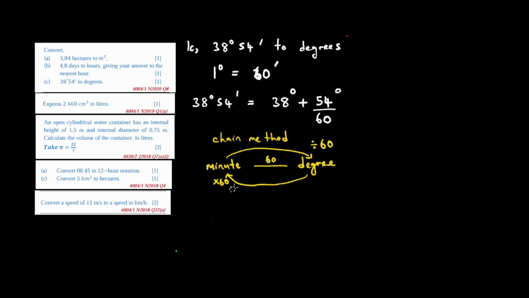Saka since panapa tiri kubva kuma minutes tichienda kuma degrees, ndo saka ta divide na 60. Tiri kubva kuchidiki tichienda kuchihombe, we divide. Kana takubva kuchihombe tichienda kuchidiki, we multiply. You can take it like this. Kana tine 1 degree, tichida kuinyora as minutes, tichati times 60 to get 60 minutes. Ndo zvaitika apo. Are you getting the gist of it?